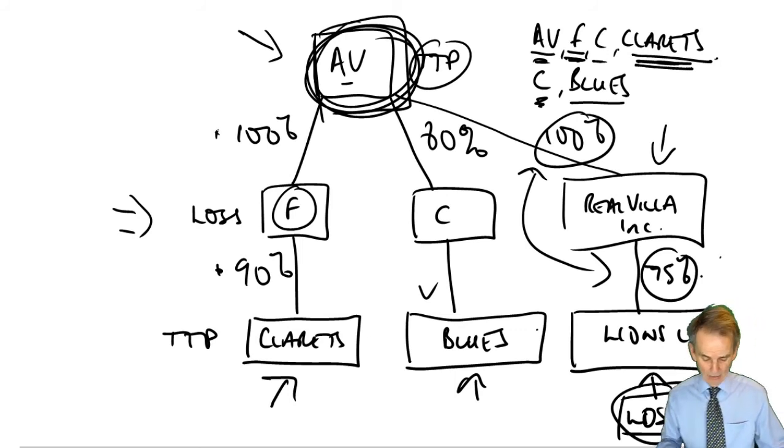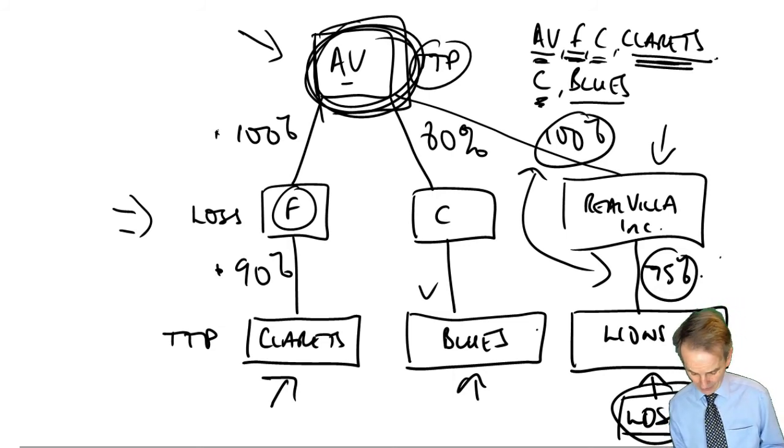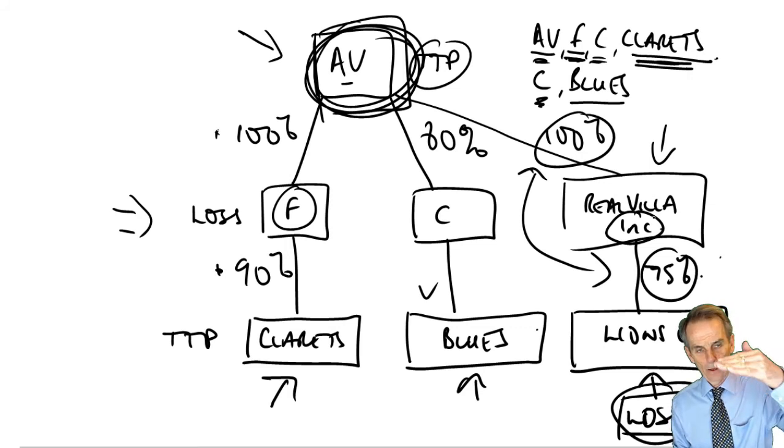It is UK resident. The other AV group members are UK resident. They can group relieve. The fact that the link from Lions back to the principal parent AV, whose group it is, is via a non-UK resident company doesn't matter. There is an effective 75% holding from the principal parent company down to this indirect subsidiary, which is itself UK resident.